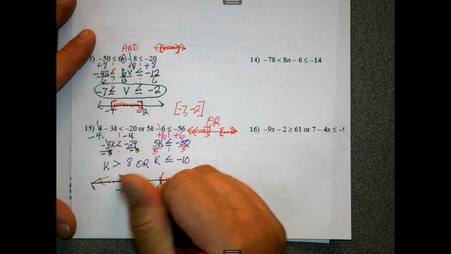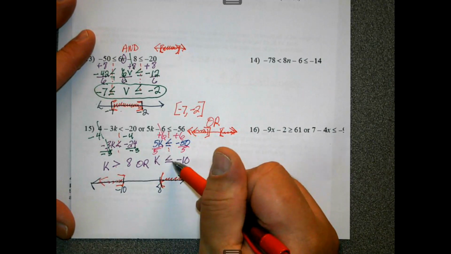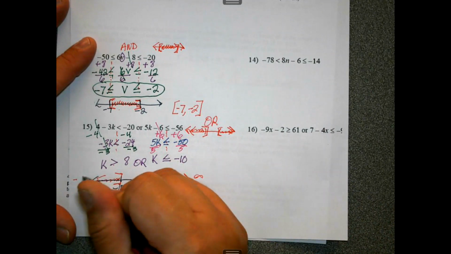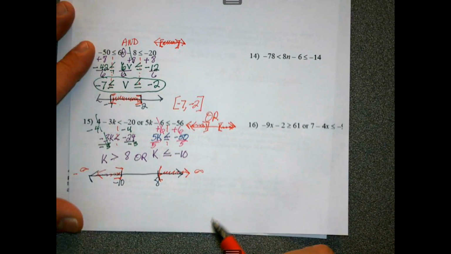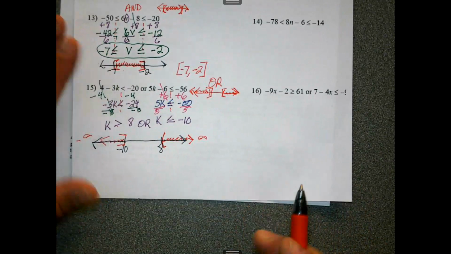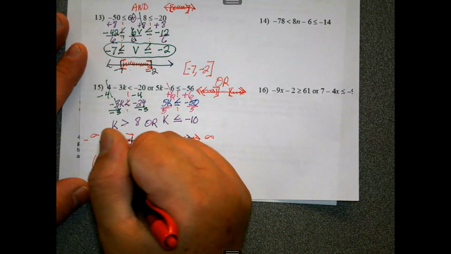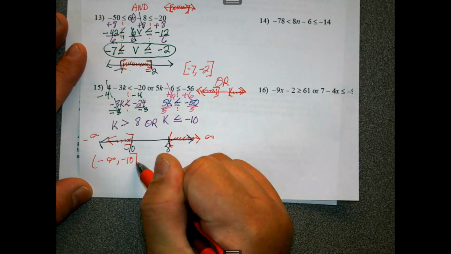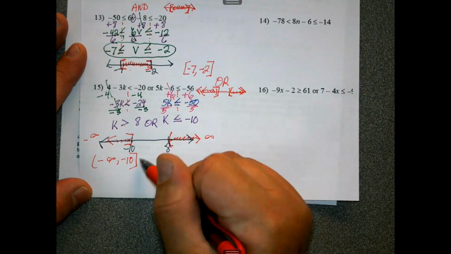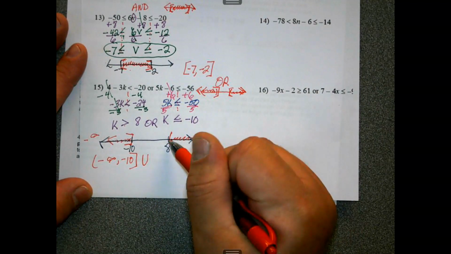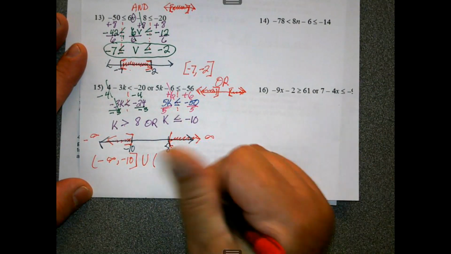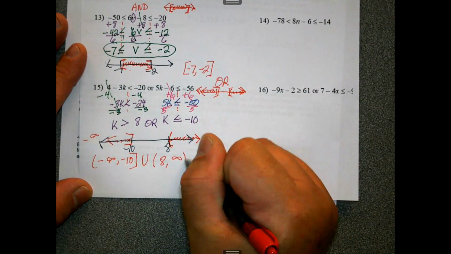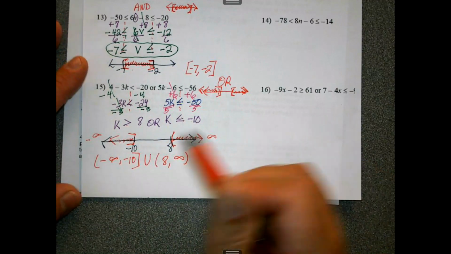And this one gets a bracket because it does have an equal sign, going out to infinity, going out to negative infinity. Interval notation: negative infinity, comma, negative 10, bracket. This is my union symbol here. Parenthesis, 8, comma, positive infinity, parenthesis. And that's my answer.